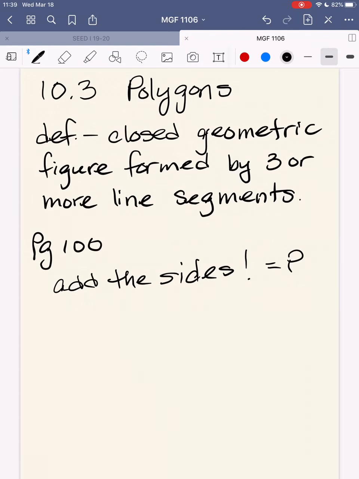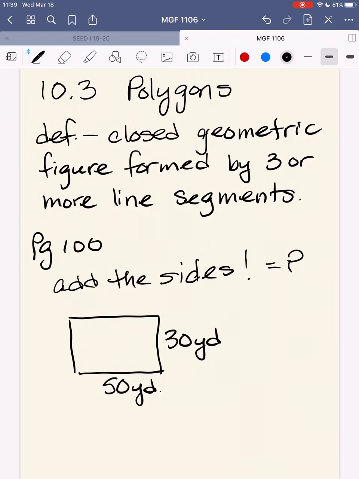So if we look at example 1, we have a rectangular field. Whenever you see something with a shape, I always recommend drawing it. So I have a rectangular field, and it has a length of 50 yards and a width of 30 yards.